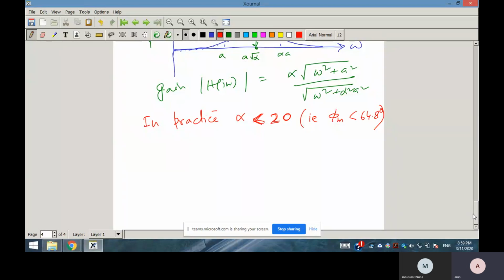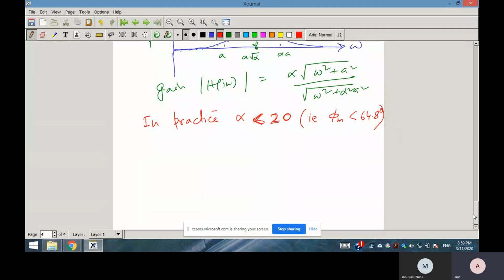If it is more than 20, the amplifier will cause problems.